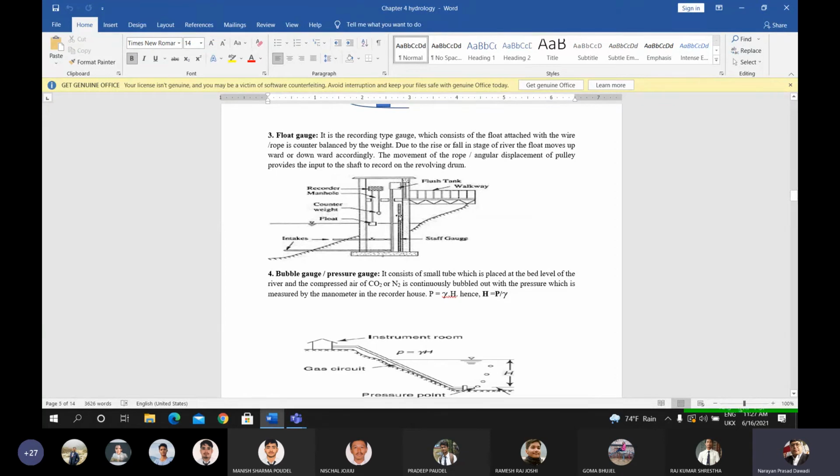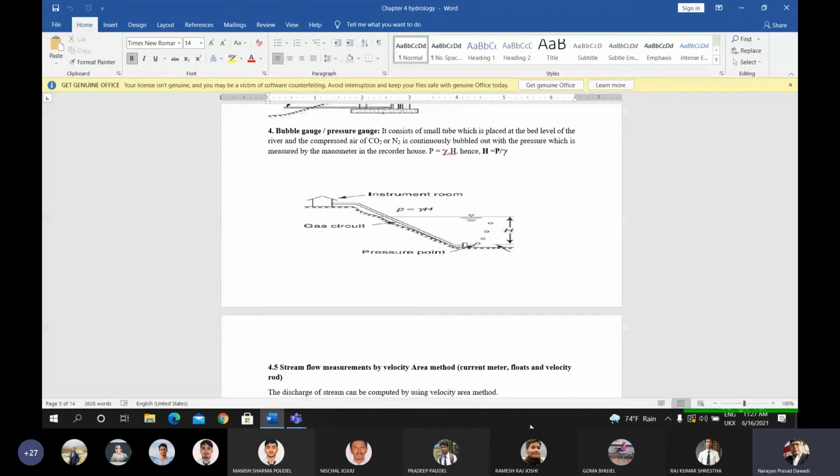Now the bubble gauge. This is operated from the instrument room. Pressurized air is blown towards the bed of the river. The gas may be carbon dioxide or nitrogen.